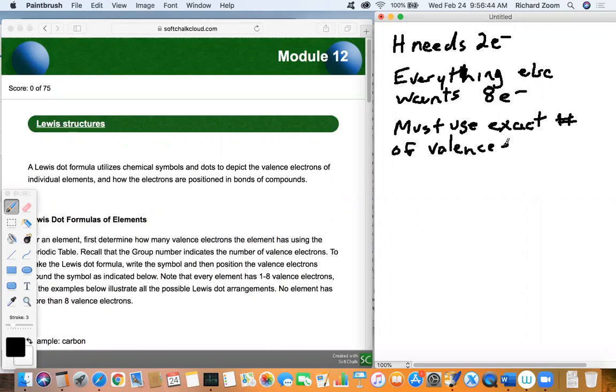Now, if you think about what valence electrons are, they're the electrons in the outer energy levels. And those are the only ones that can really be involved in bonding.